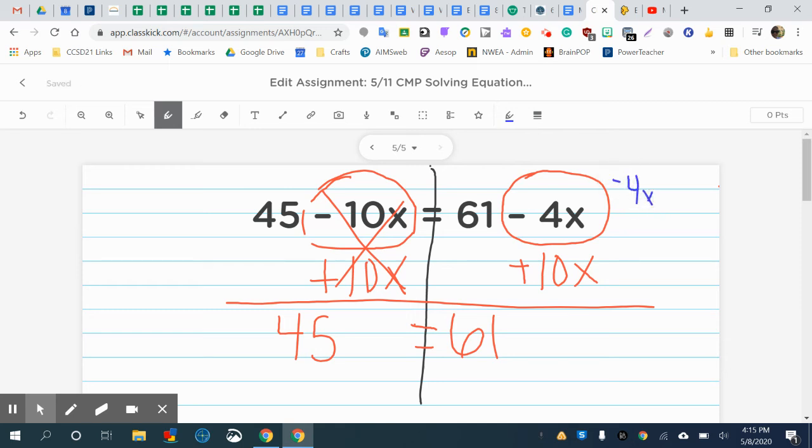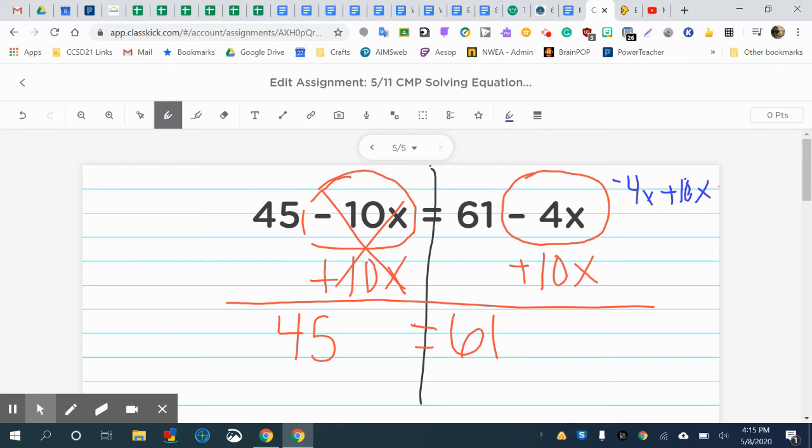Negative 4x plus 10x. All right, now your 7th grade teacher spent a long time trying to teach you this. So it would be good for you to do a little mental math here. The worst you can be is wrong.